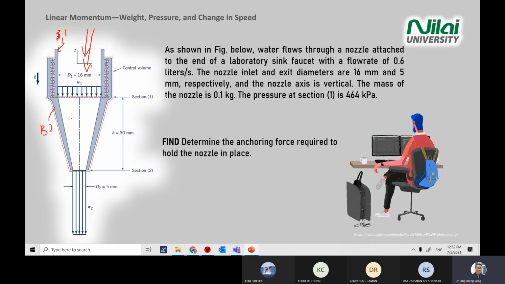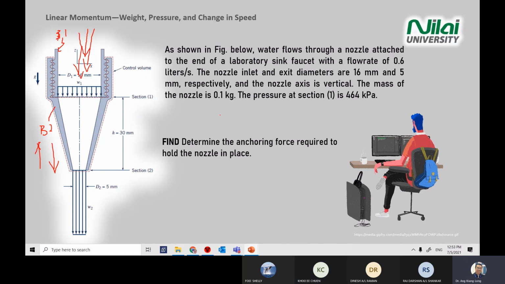What is the natural reaction if you pump water from above? If you're B2, where will you go? Going down or going up? Going down. You'll be going down, right?